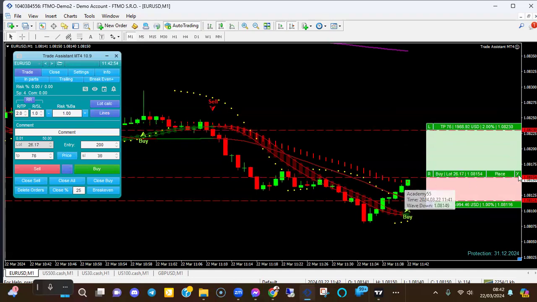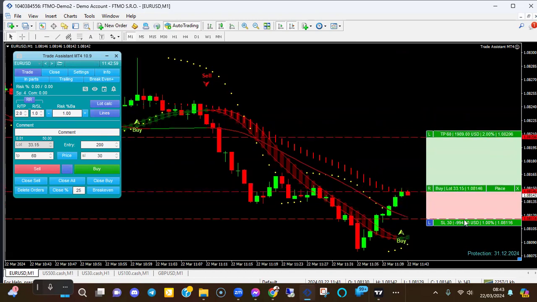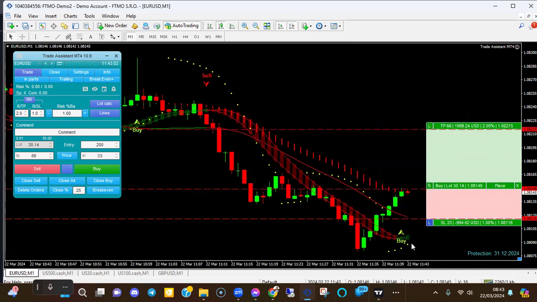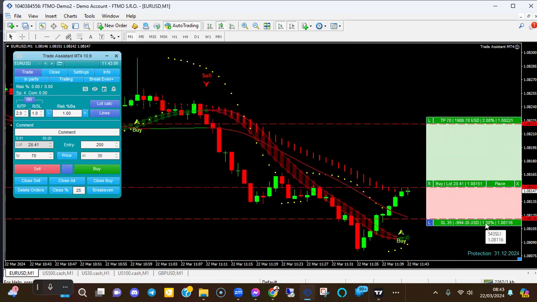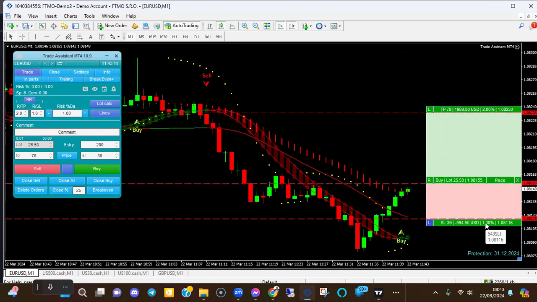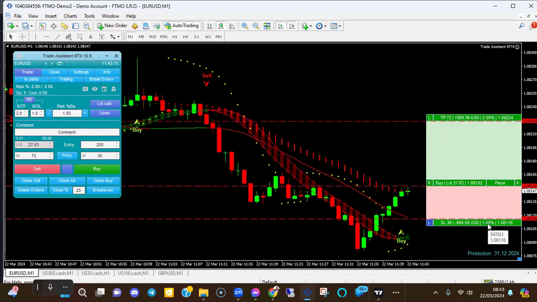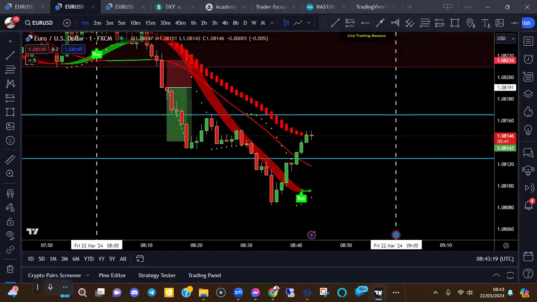Technically, if the wave turns green, that's where the stop loss will be. We've got the buy alert. Of course, we've got to wait for the trend line to turn green. Where are we on TradingView?